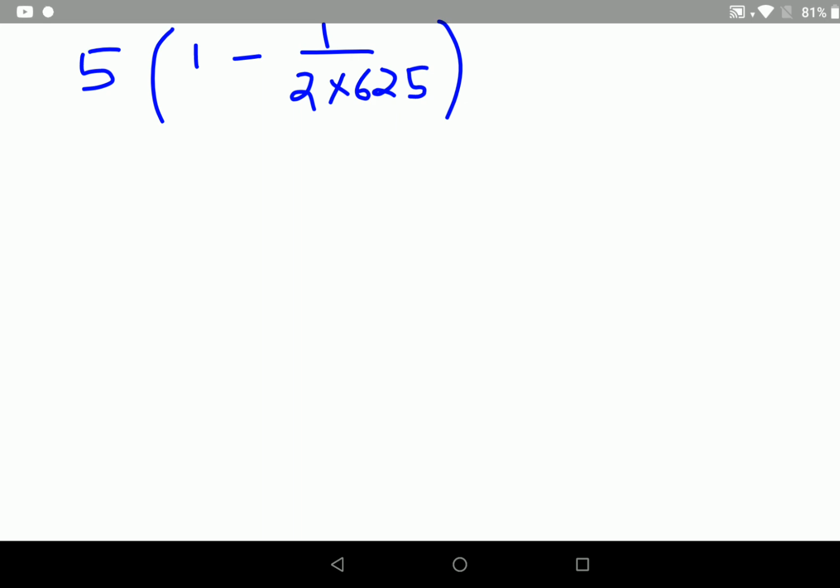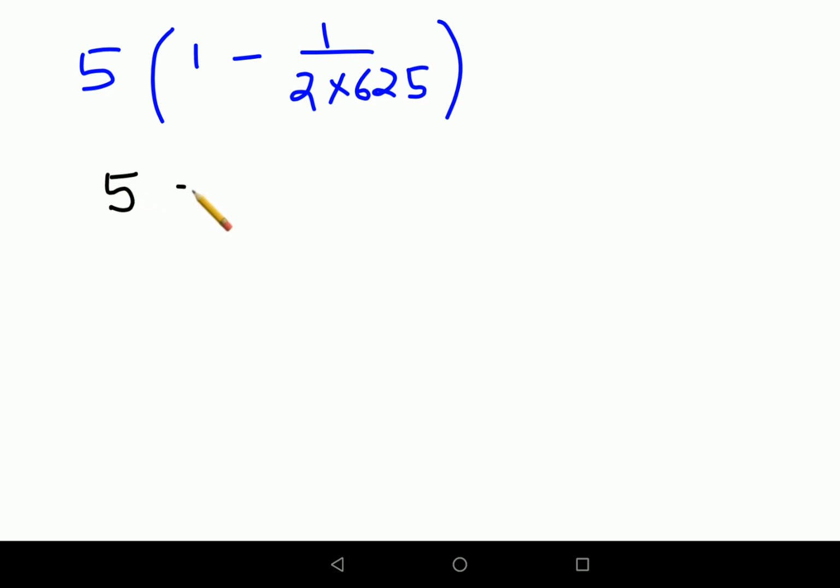What you're left with is 5 times 1 minus 1 upon 2 into 625. Now you can do 2 into 625, but rather let's just multiply this 5 inside the bracket. So I'll have 5 minus 5 upon 2 into 625. Understood? I hope this is very clear to everyone.